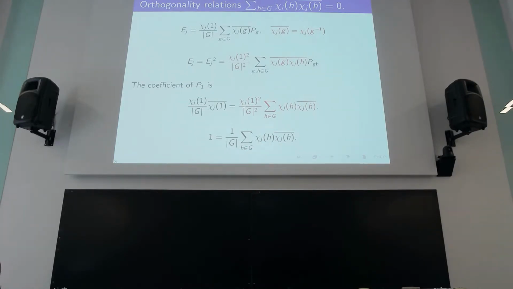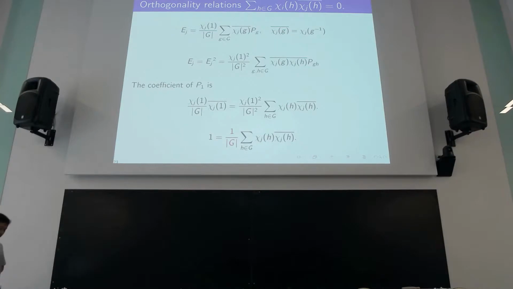So I equate them. The scalars in front are equal, except that I have an extra order of G in the denominator. So what I get is this final formula: if you divide this usual Hermitian inner product by the order of G, you get 1.